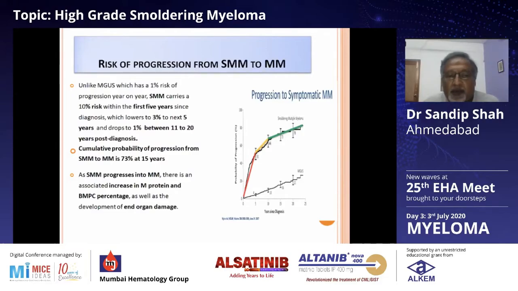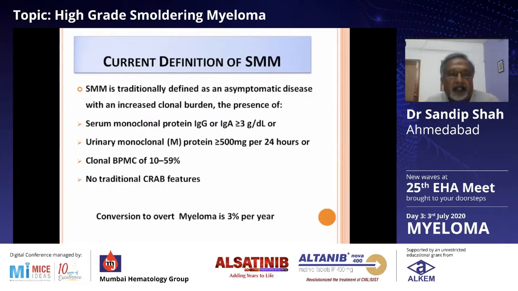And when SMM progresses to multiple myeloma, there is an increase in M protein as well as bone marrow plasma cells, and there is end organ damage. And if we go after 2014, when there was a redefinition of multiple myeloma, where the high-risk smoldering myeloma was taken into multiple myeloma, the current definition of smoldering myeloma is asymptomatic disease with an increased tumor burden, and the monoclonal protein immunoglobulin G or immunoglobulin A is more than 3 gram.